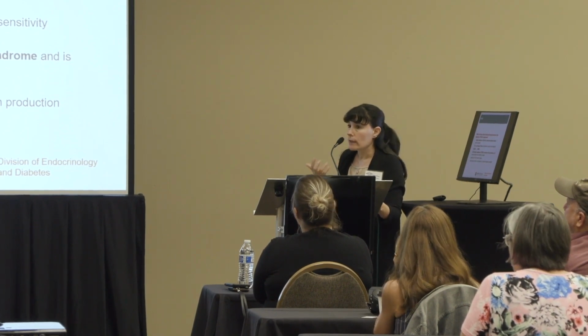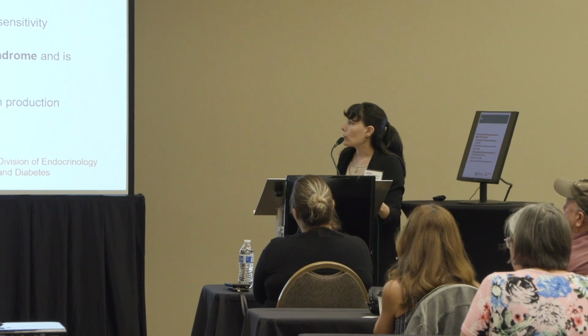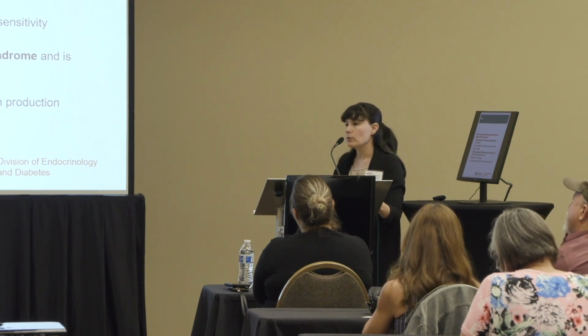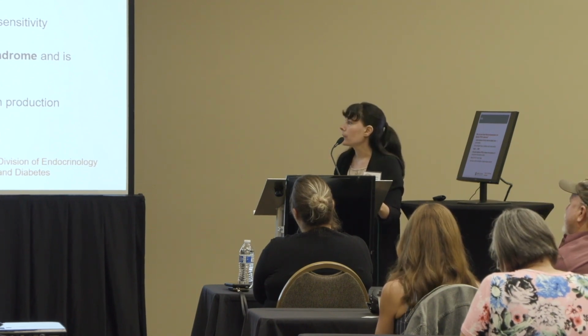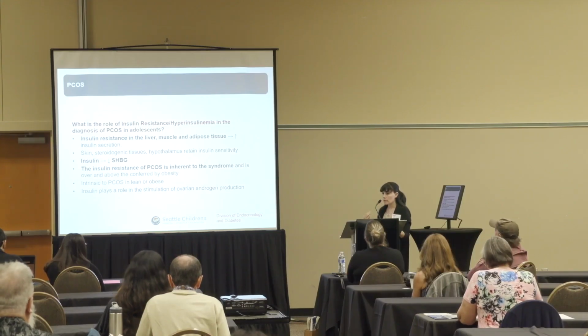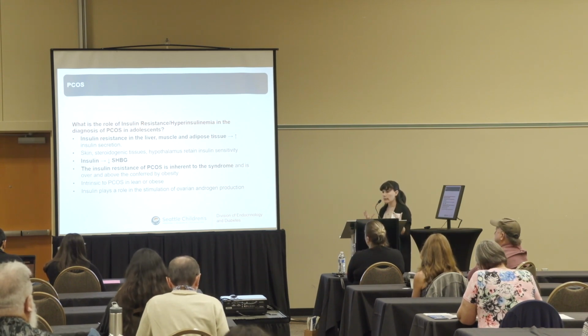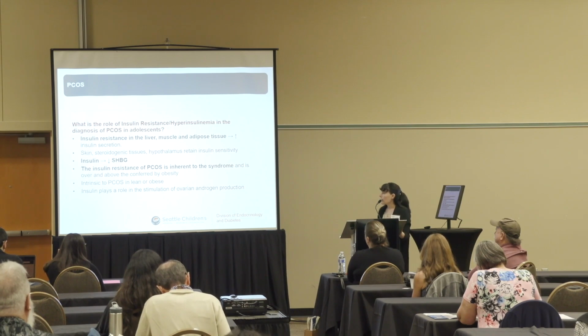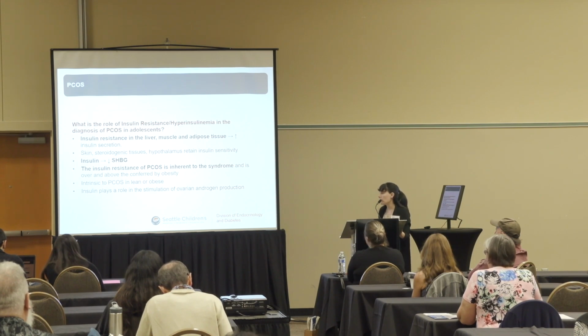And so also insulin, we talk about, decreases sex hormone binding globulin. So all in all, it puts more wood to the fire. And the insulin resistance of PCOS is inherent to the pathophysiology of the disease. So it's part of what is happening to the patient. And it has not necessarily something to do with their obesity, although they can be obese. And of course, that will make things worse.